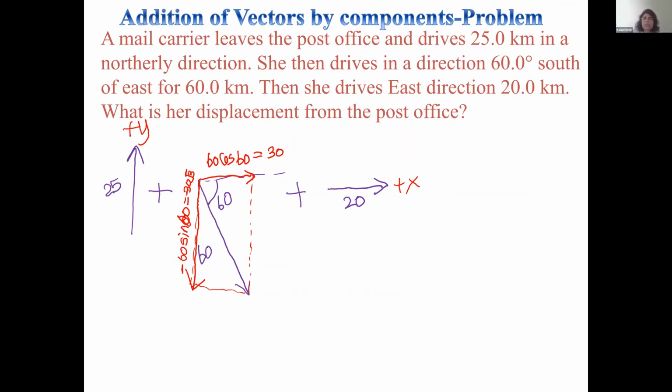So after you write your x component and y component from all vectors, you are going to draw your cartoon of your resultant vector. That means I have all the components in the x direction, but in the y direction, according to my diagram, 25 upward and 30 root 3 downward. That means definitely I have a small vector in this direction.